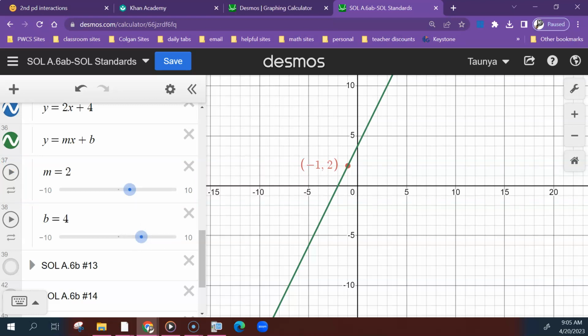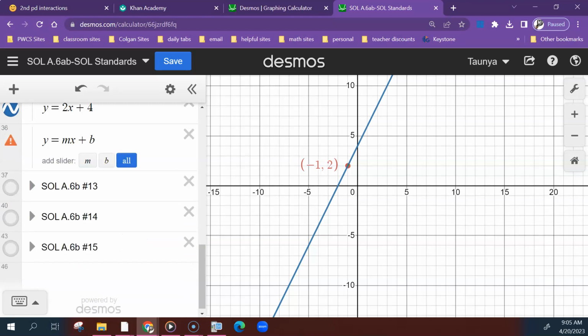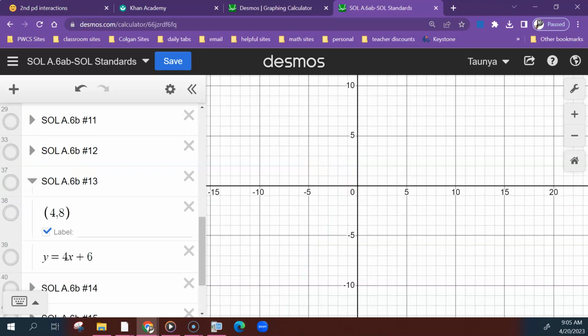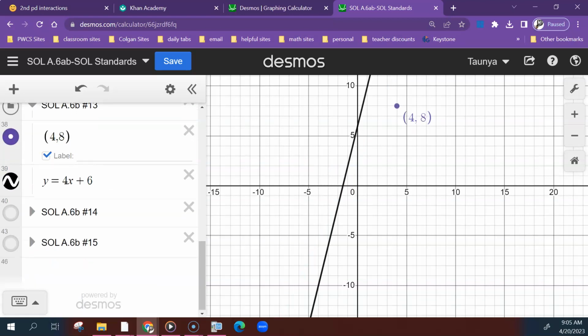And you can do that for the perpendicular ones also. So put in your point, put in your equation. I thought I added this, but I did not.